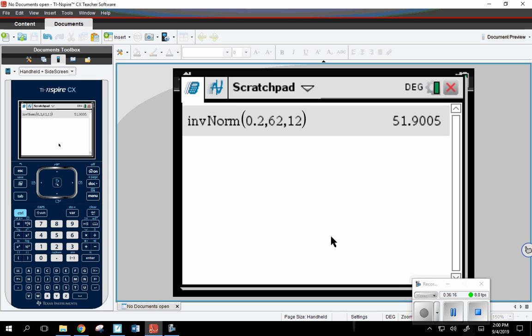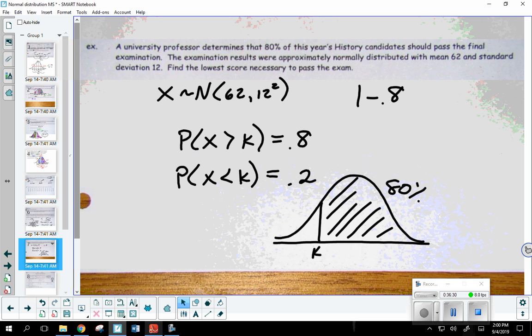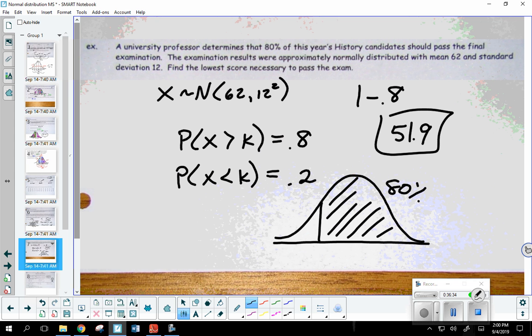There we go. Joey is absolutely correct. I got 51.9. Remember, this is not a percent. This is an element in your set of data. We use the percent to go backwards. Good.